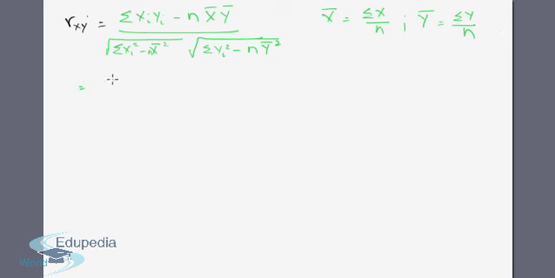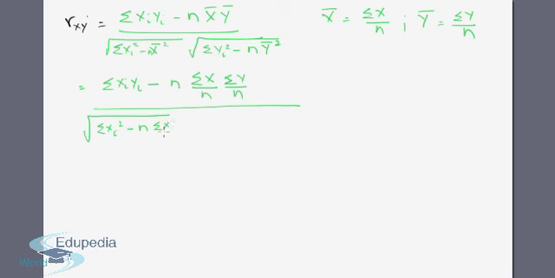So I'll have summation xi yi minus n times summation x by n and summation y by n divided by root under summation xi square minus n times summation x by n the whole square, because we have x bar square, so I'll have a square both in the numerator and denominator. Further, for y we can write it as summation yi square minus n times summation y by n the whole square.